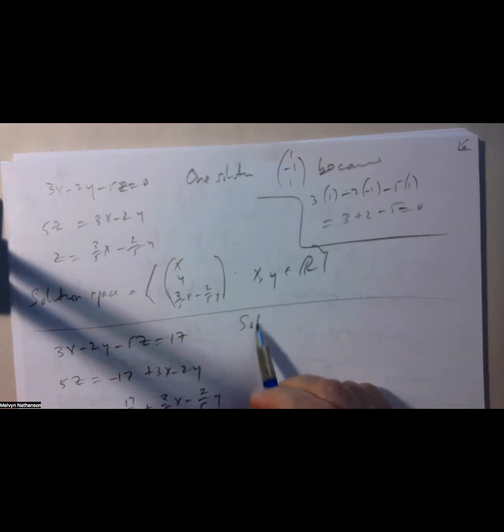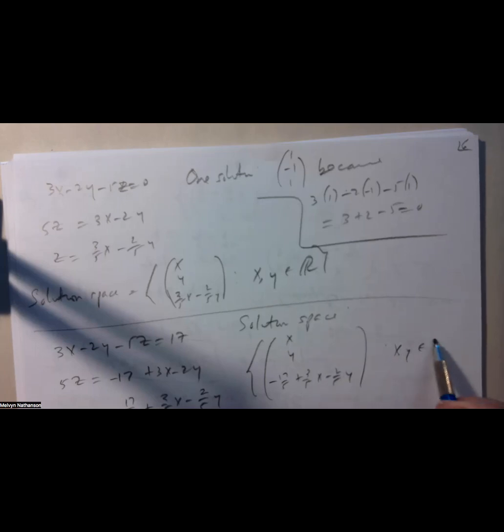So my solution space is the set of all vectors (x, y, minus 17 over 5 plus 3 over 5 x minus 2 over 5 y) for any values of x and y.